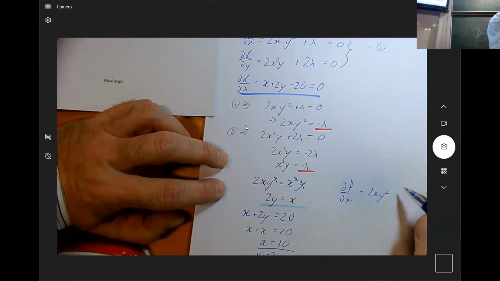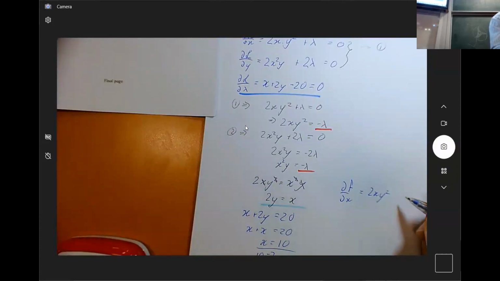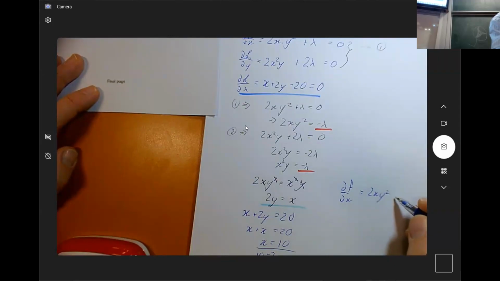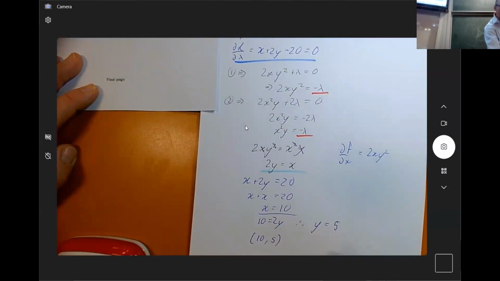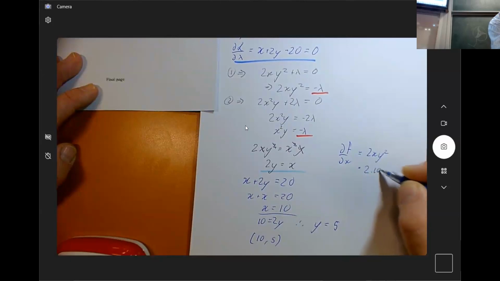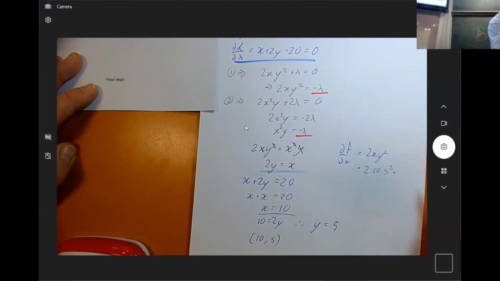If I look at this point and take that function value, this is going to be 2 times 10 times 5 squared, 25, 50, 500. This is a positive value. So that says as x increases, the function value is going to increase.